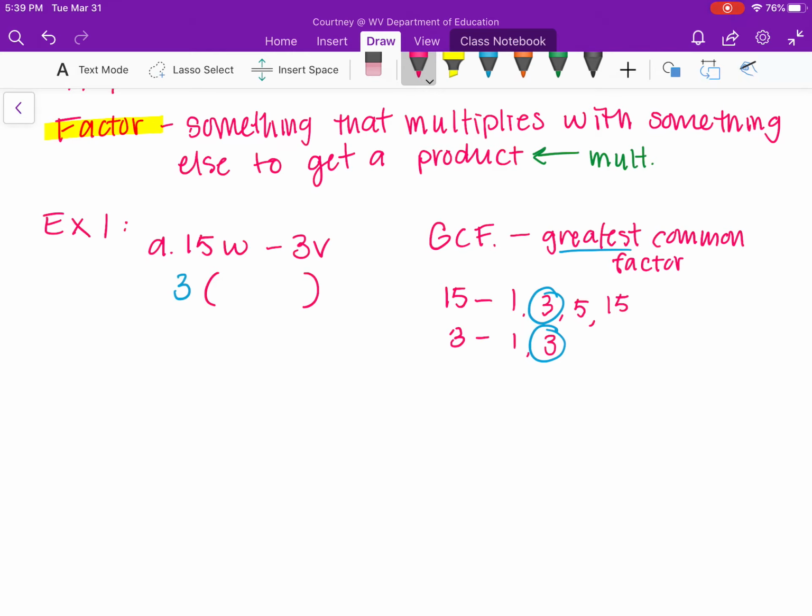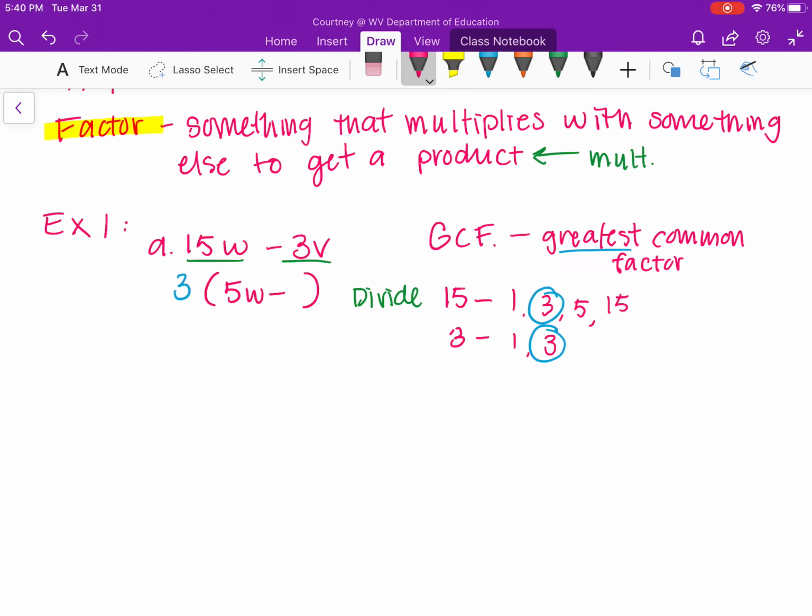On the inside is going to be what's left over in these two things that we divide. Okay, so what I mean is, we took 3 out. It's on the outside over here. What did we divide 15 by to get 3? 15 divided by 3 is 5. So inside is kind of like what's left over after you divide 3 out.